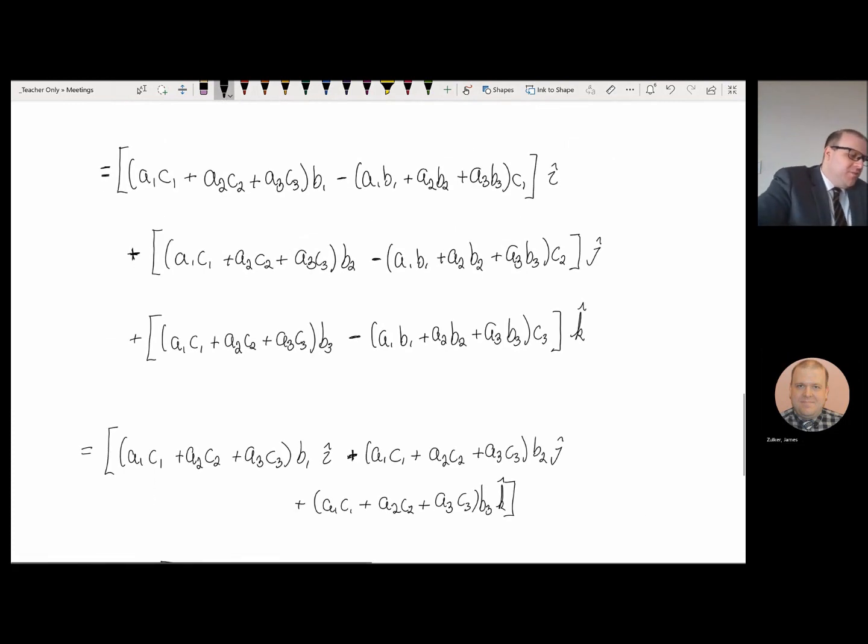And then we just do the same with the C's as a second vector, right? And of course, they're all negative, right? So it'll be minus.